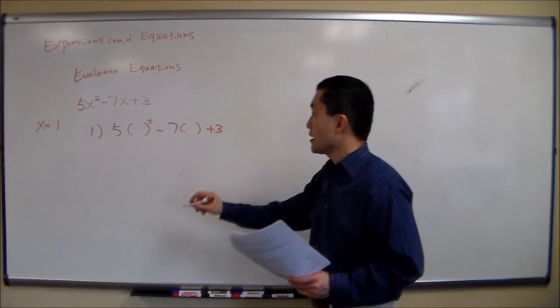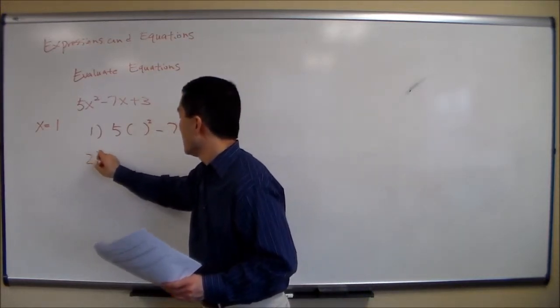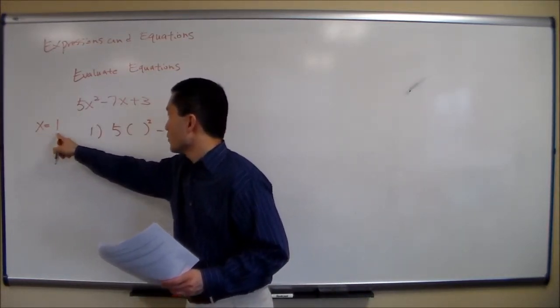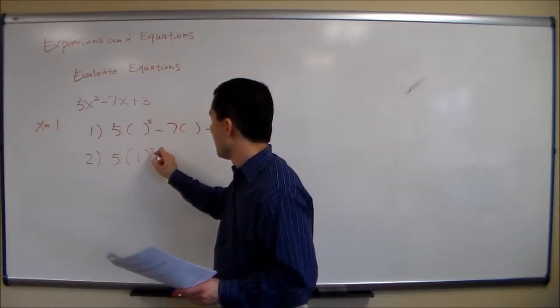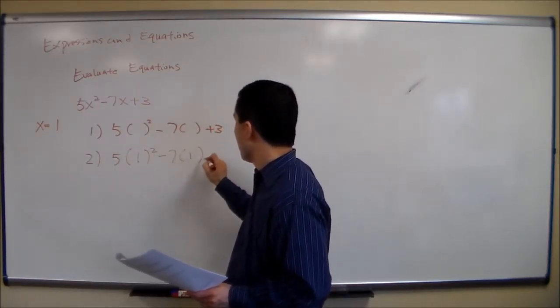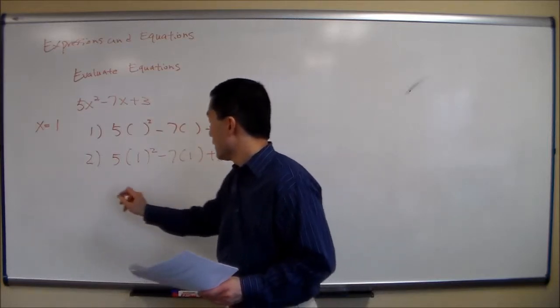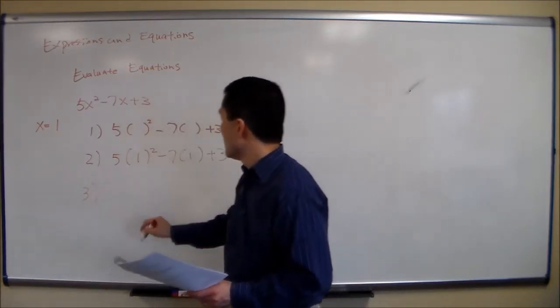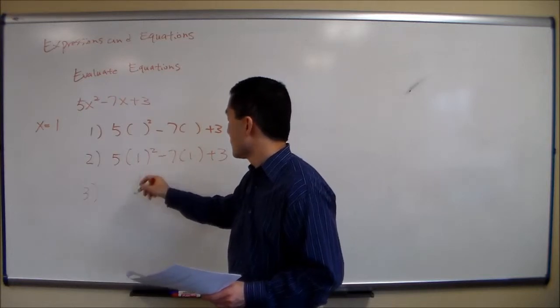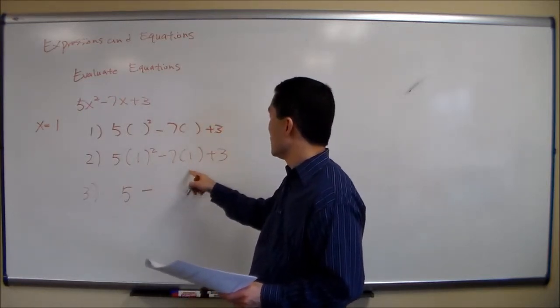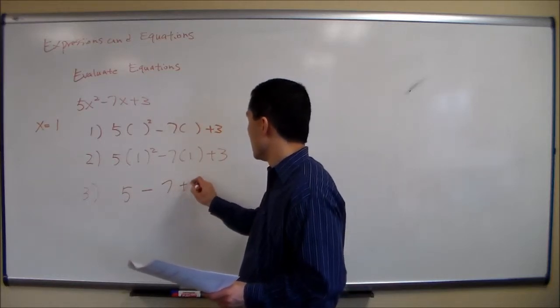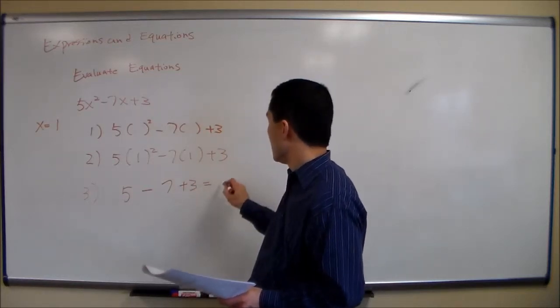Always do this. And the second thing is, whatever the x is, just plug it into the parentheses you just wrote. And then solve. It's going to be 5 times 1, so that's 5, minus 7 times 1, 7, plus 3, 1.